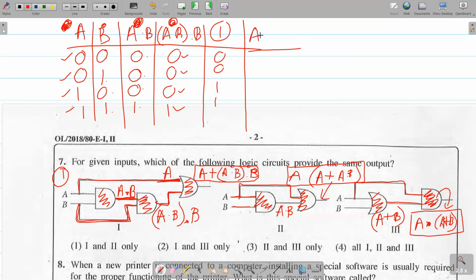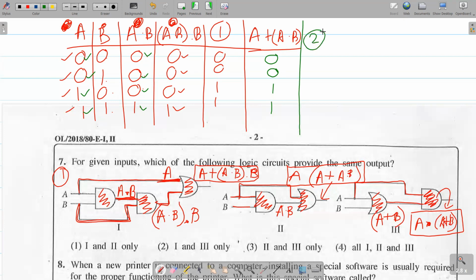So we can straight away create A plus A dot B. So A plus A dot B, it's going to be 0 plus 0, 0, 0 plus 0, 0, 1 plus 0, 1, 1 plus 1 is 1. So A plus A dot B is going to give you this particular one.